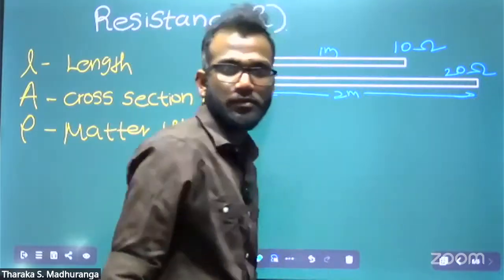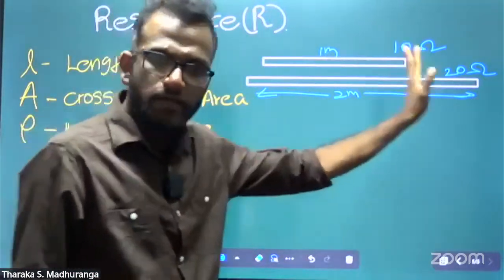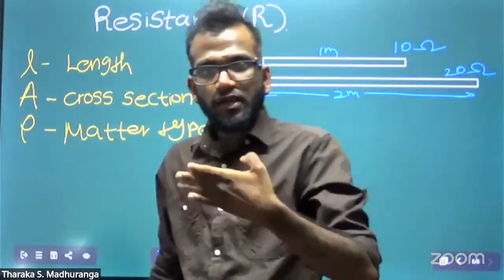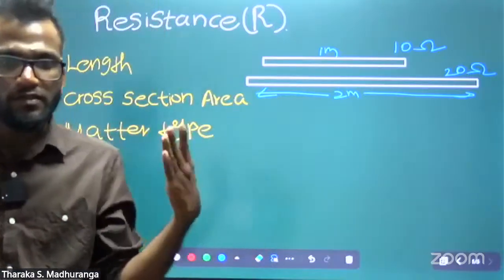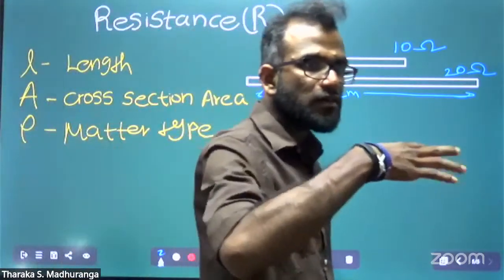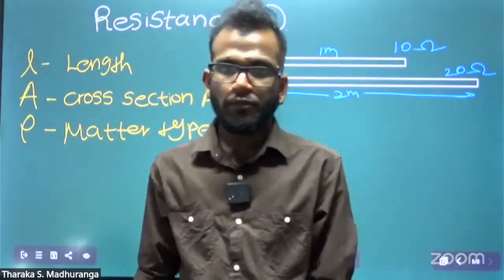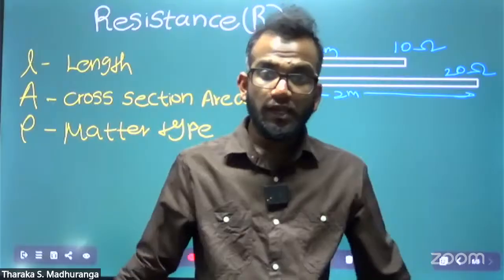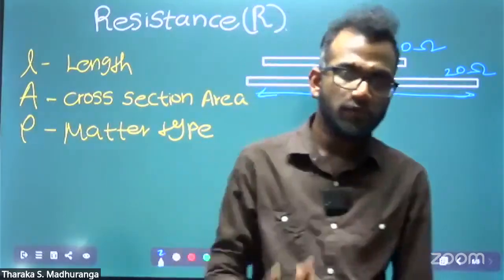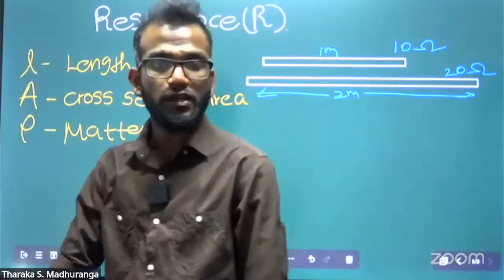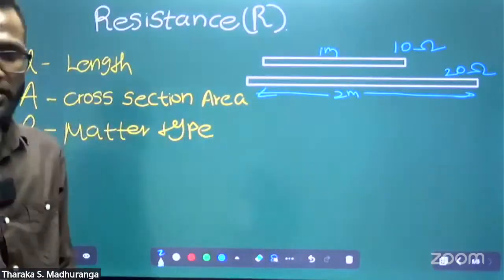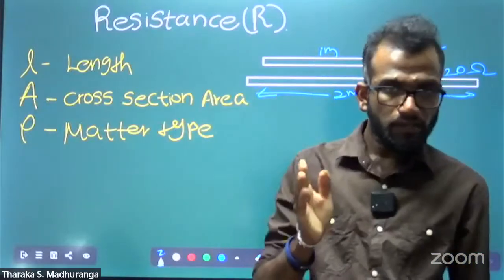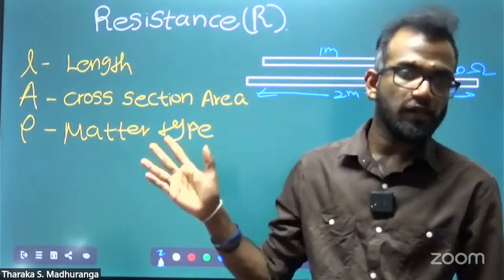It's double. When we increase the current flowing length or distance, the barrier is increasing. With the barrier, the moving distance is increasing. With that, resistance increases. When we increase the length, the resistance increases. You need to remember that.